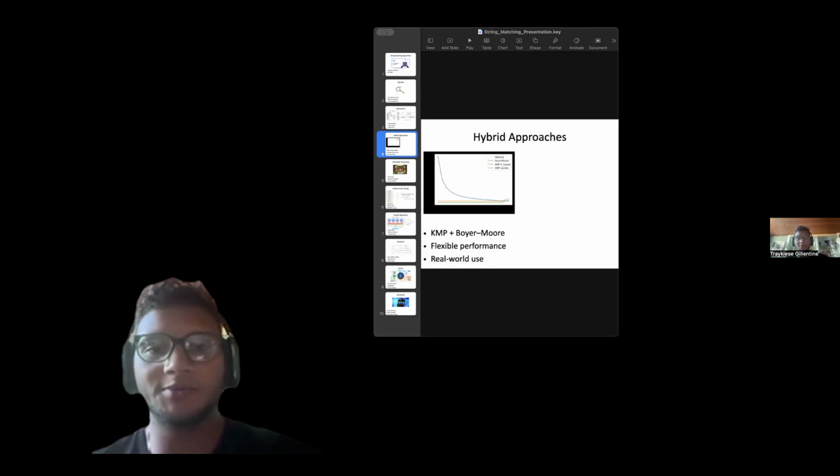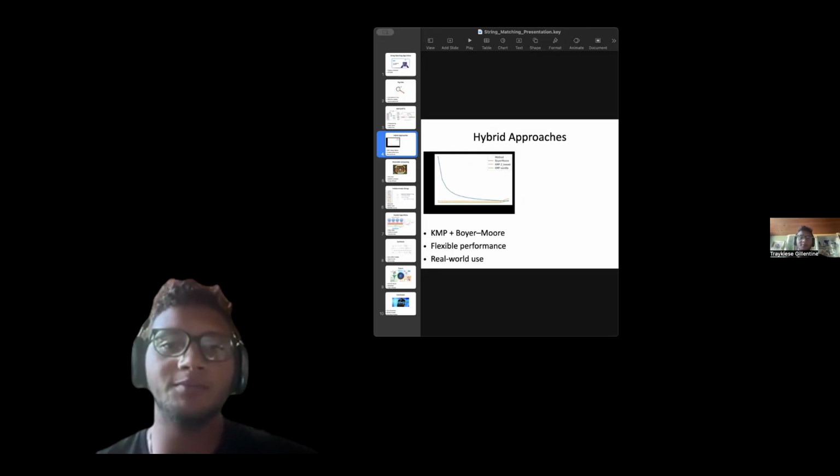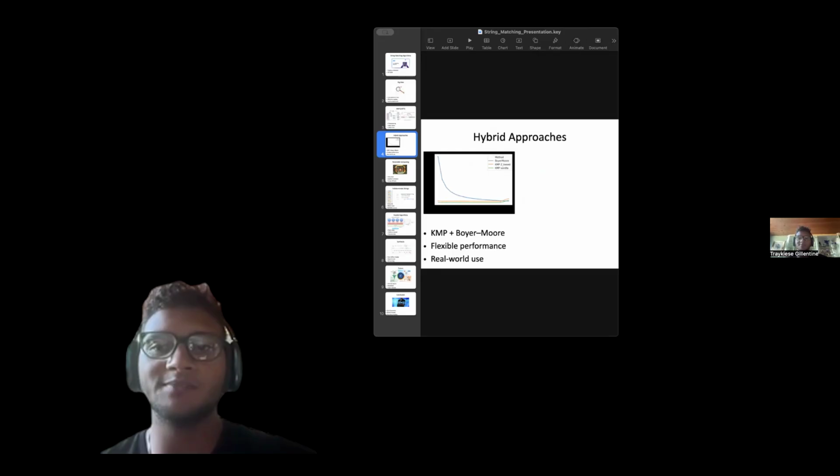All right, the hybrid approach. In 2008, Musser and Kshemkalyani introduced a hybrid approach that combined the strengths of KMP and Boyer-Moore. Boyer-Moore is another classic algorithm that skips ahead based on mismatched characters and often runs faster in practice. The hybrid algorithm adapts to the data. When working with small alphabets, it behaves like KMP. When working with large alphabets, it acts more like Boyer-Moore.